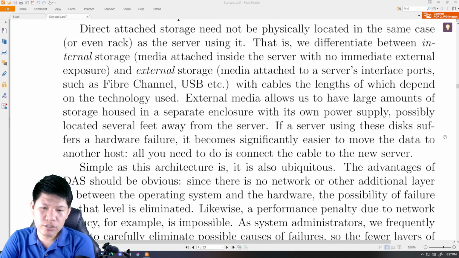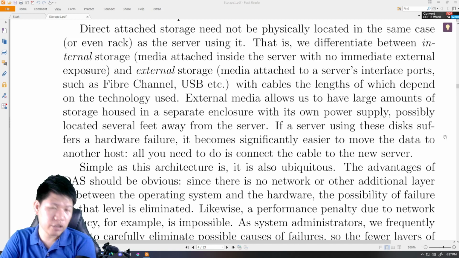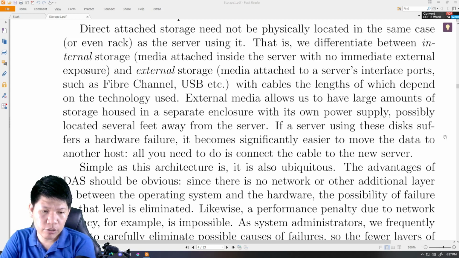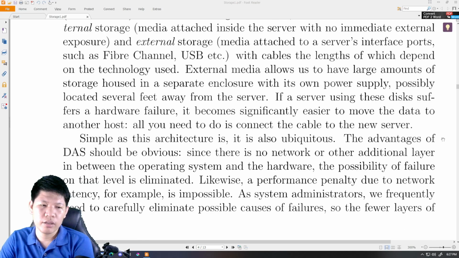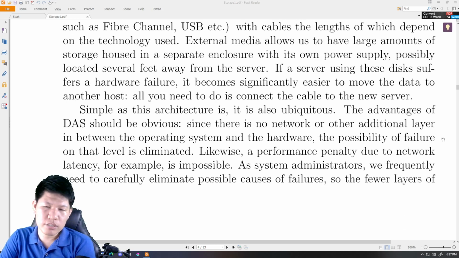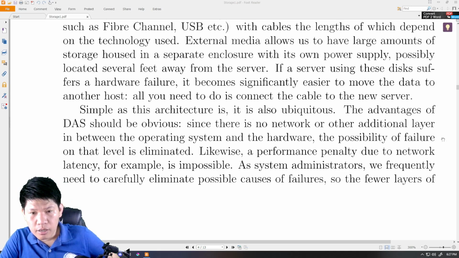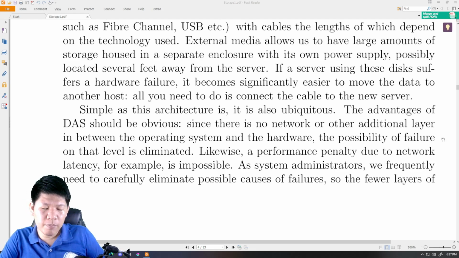All you need to do is connect the cable to a new server and reconfigure your RAID configuration. That's one good thing about that. Simple as this architecture is, it is also ubiquitous. The advantage should be obvious since there is no network or other additional layer in between the operating system and the hardware, so the possibility of failure on that level is likely eliminated.